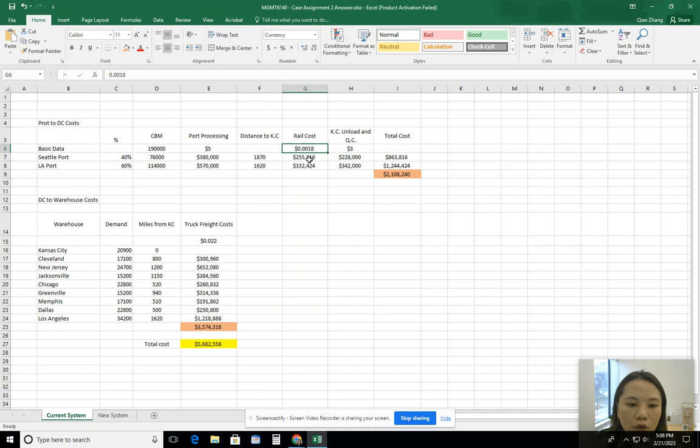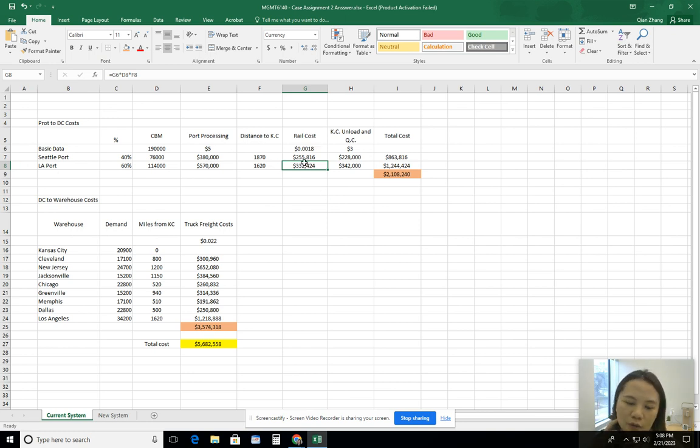So what are the total rail costs for Seattle and LA respectively? We just use the rail cost per mile per CBM times the total miles times the total CBM. So this is the total rail cost for Seattle to Kansas, and in the same way we calculate the total rail cost for the LA port to Kansas.